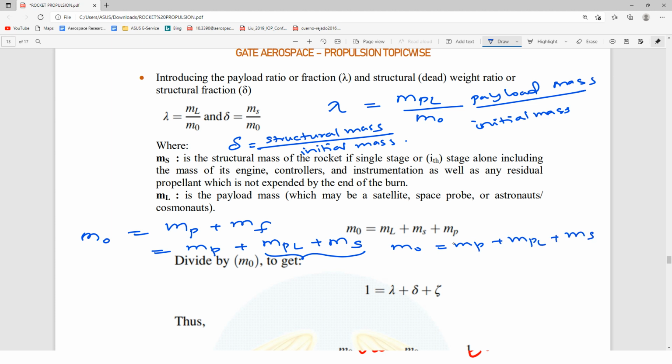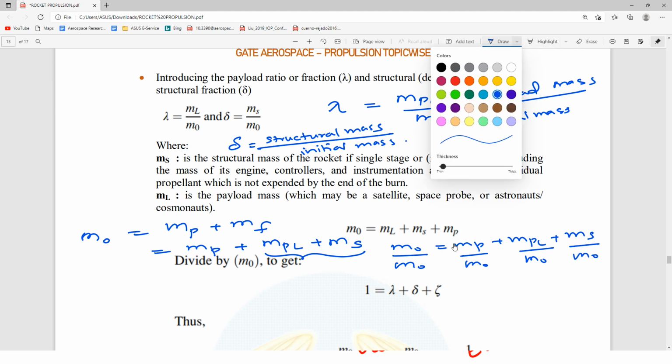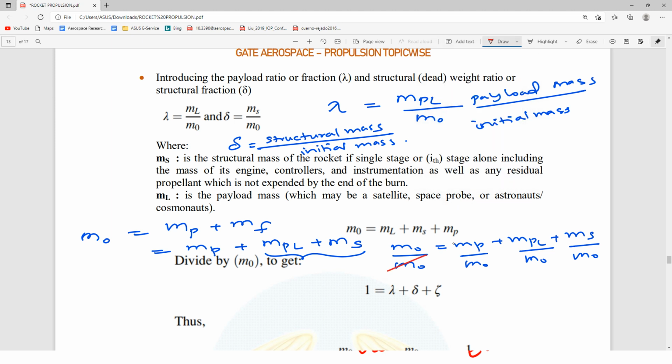Now I am dividing the entire equation by m naught, okay? Obviously I will get 1 here, as this cancels off, so 1 equals mp by m naught. This ratio is the propellant mass fraction, which is denoted by zeta, okay?